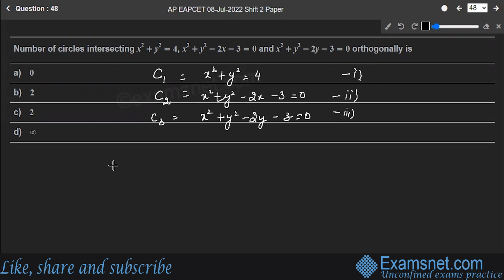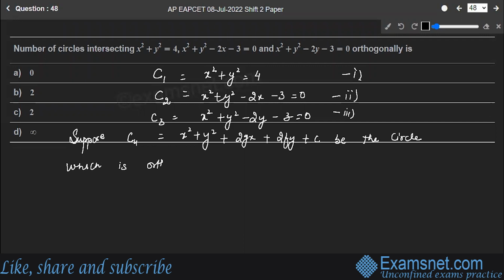So suppose C4 is the circle whose general equation I can write down: x square plus y square plus 2gx plus 2fy plus c. This is the circle which is orthogonal with C1, C2 and C3.